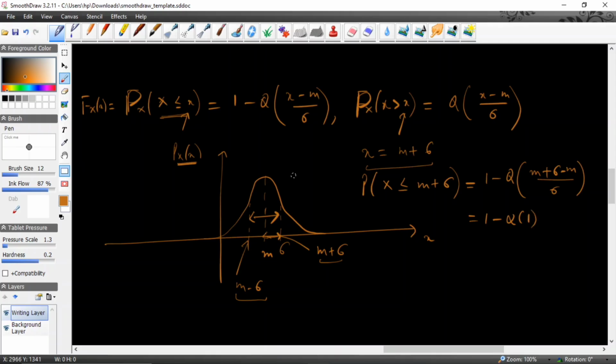So if I let this random variable x take the value m plus sigma, which is this point, then the probability of X less than or equal to m plus sigma will be 1 minus Q of 1. That indicates the area under this curve for values less than or equal to m plus sigma, all the area below this point.